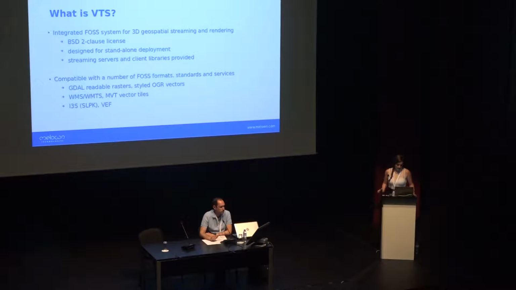It has the BSD 2-clause license, and it was designed for standalone deployment. It has both a streaming server and client libraries. VTS is compatible with a number of FOSS formats, standards, and services like GDAL-readable rasters, OGR vectors, WMS, WMTS, MVT vector styles, and for 3D it might be SLPK or I3S.